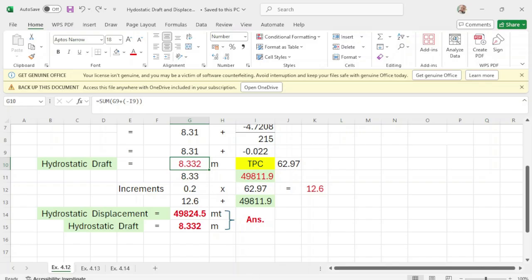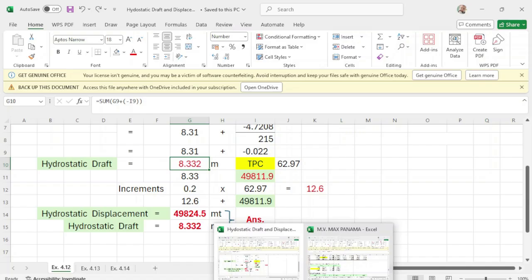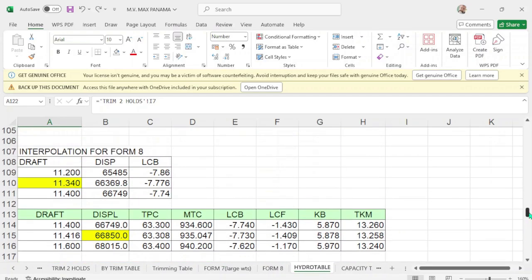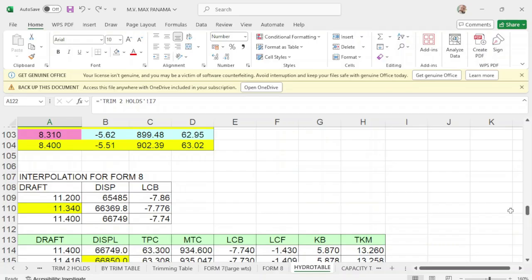Okay, let's check, guys. 8.33. Take note of the displacement. Put here 8.33. Take note of the displacement.